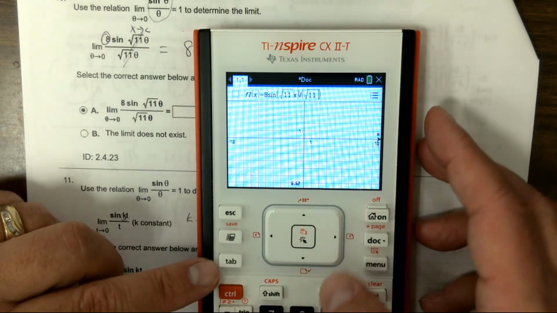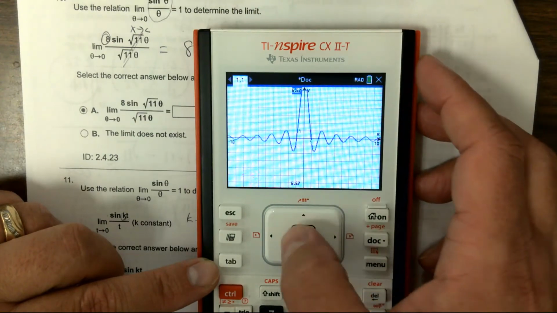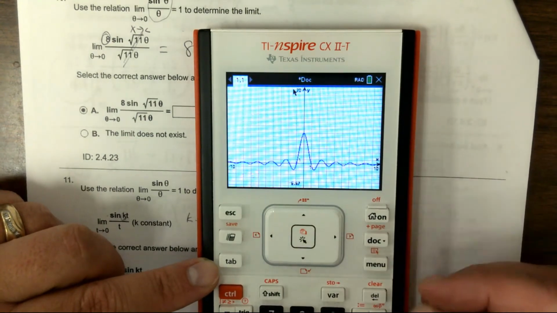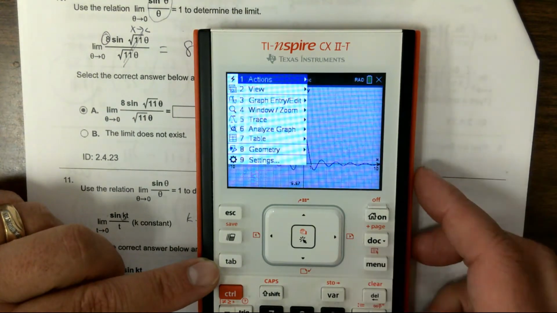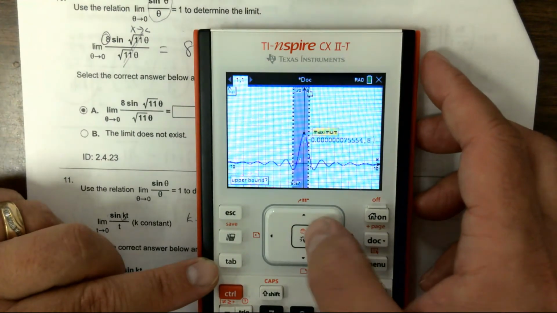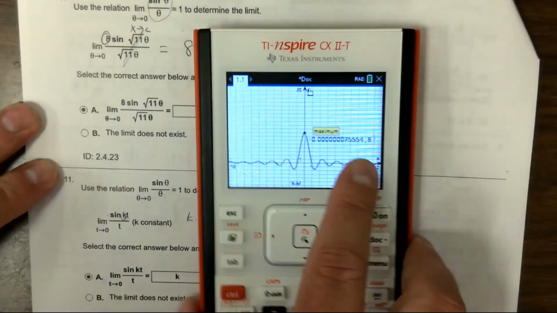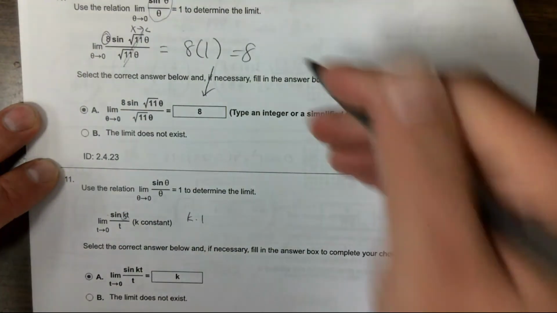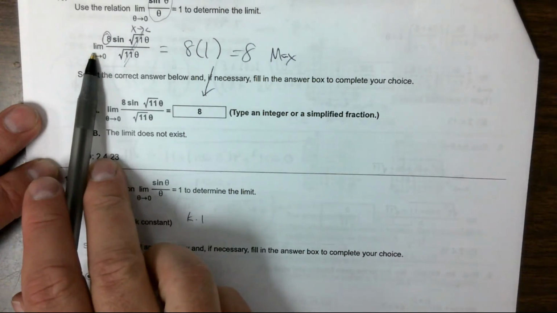That was that graph. If I make that 20 and go to menu, analyze maximum between here and here, I do get 8. So that's how we could have used our calculator to get it, unless you just recognize the number as the answer.